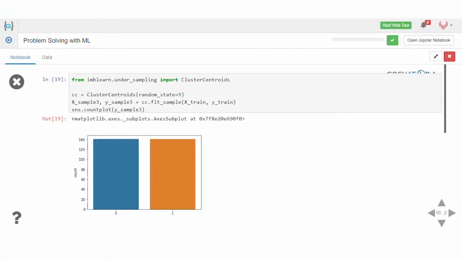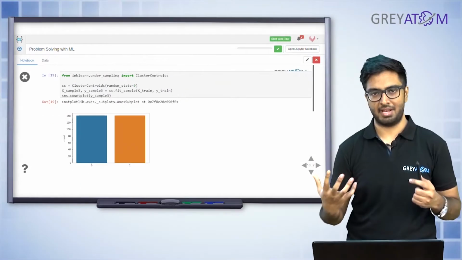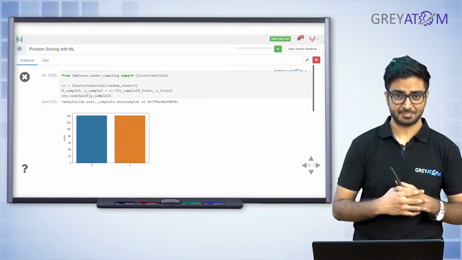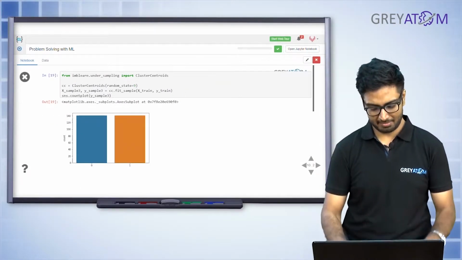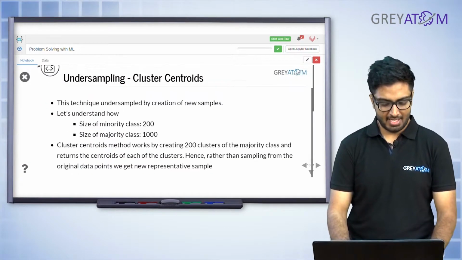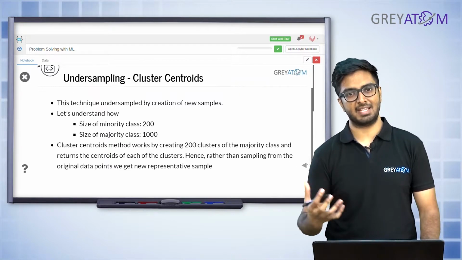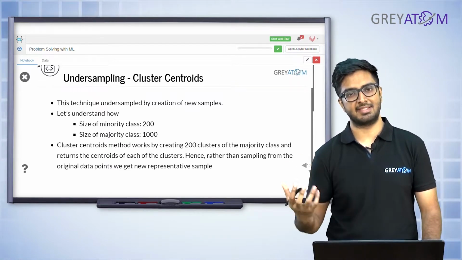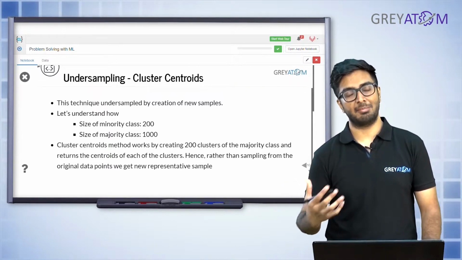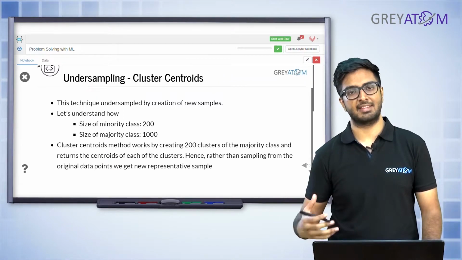Now let's do the same thing again. Once you do the undersampling, we are again left with 140 examples. Just keep in mind that earlier we were taking some of the majority class examples as they are. In this case you are not.